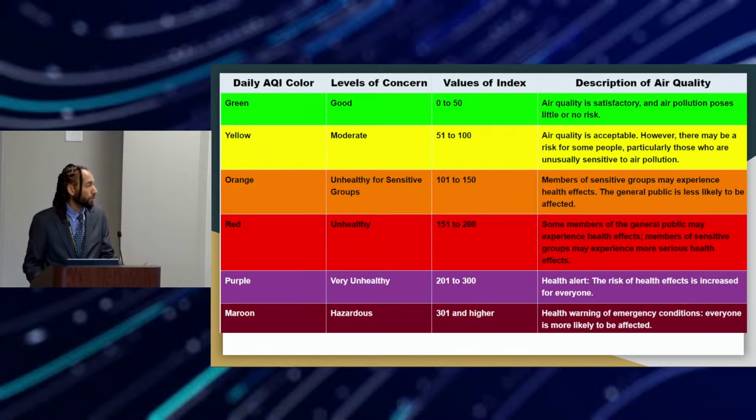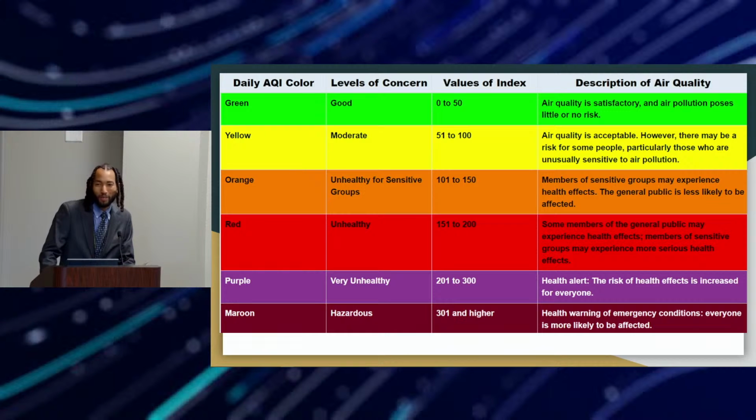Let's move forward here and get a little bit more detailed. As you can see here, there is a list of what we call the air quality index. We all know that green is good, generally. We associate green with good. And as you move down the list to maroon, you have higher levels of particulate matter, at 300 micrograms per meter squared.